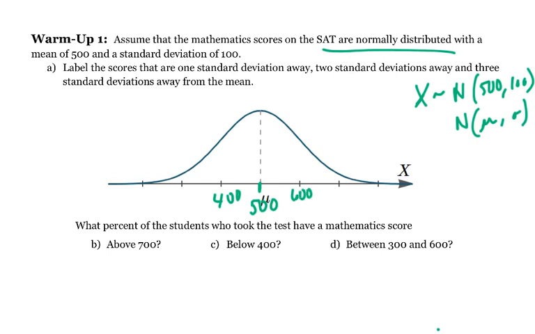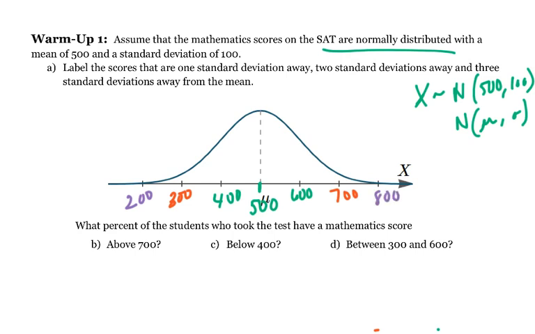So this would be 600. 2 standard deviations would take the mean, 500, and subtract 2 times the standard deviations, or 2 times 100. So that gives us a value of 300. And over here we'd have 700. And 3 standard deviations away would be at 200 and at 800.